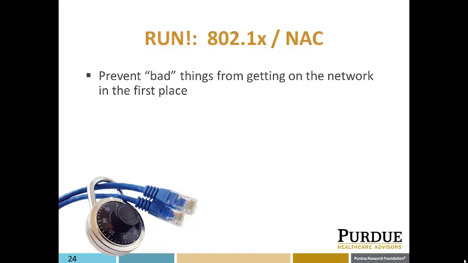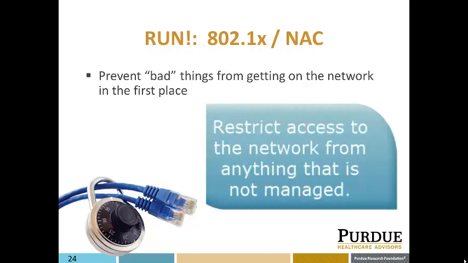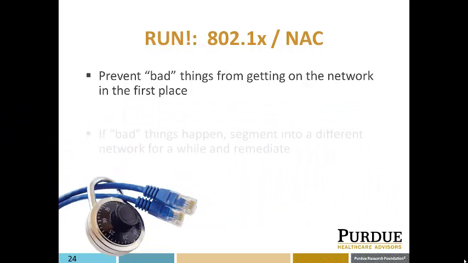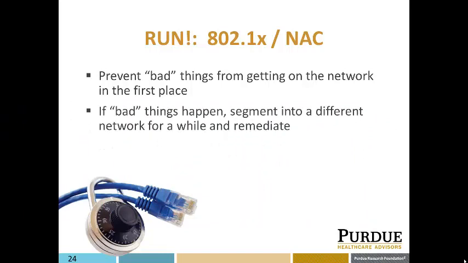We should be able to restrict access to the network from anything that's not managed. So think about it. When you're developing trusted zones, anything in that trusted zone should have been authorized at some point to be on the network. So if bad things happen, segment into a different network. Again, going back to our crawling stage where we start to carve out and segment, isolate our network.